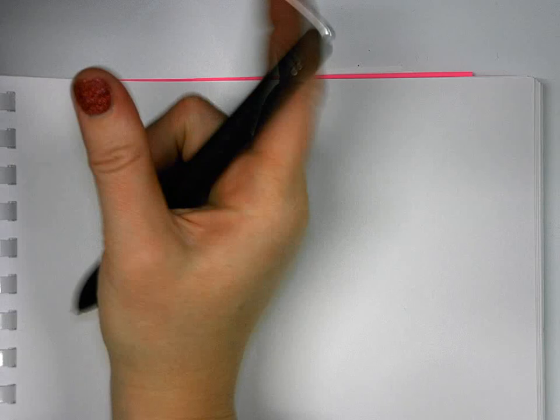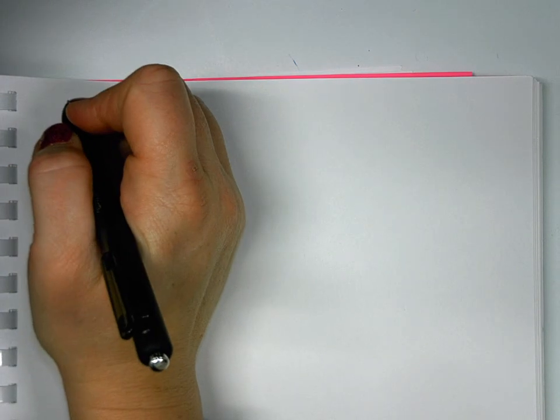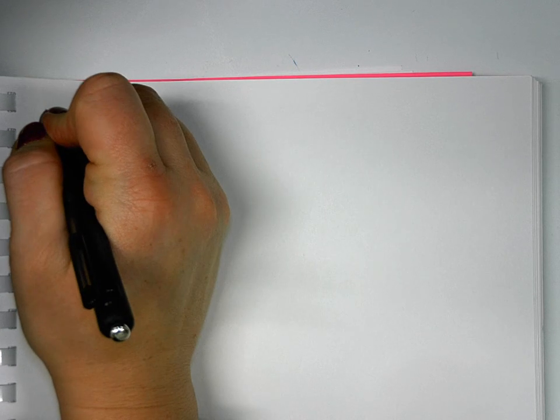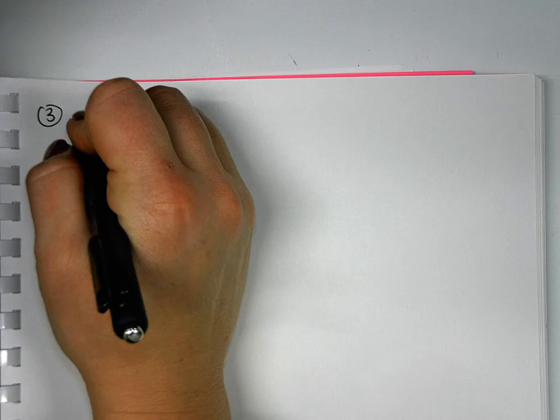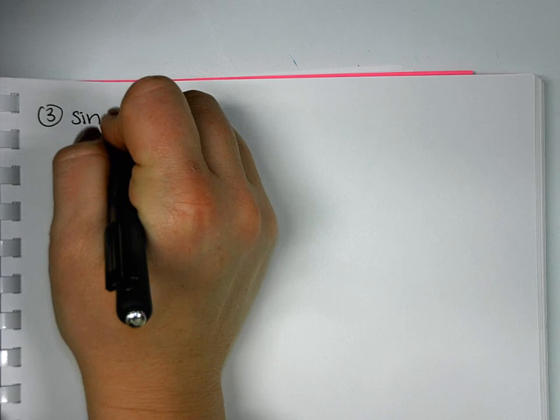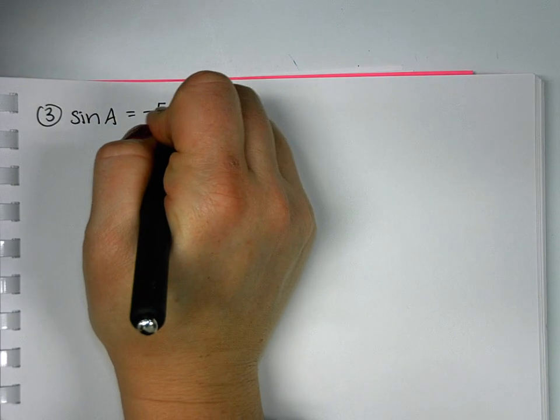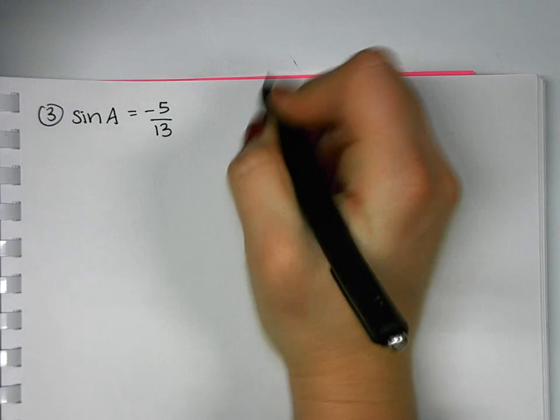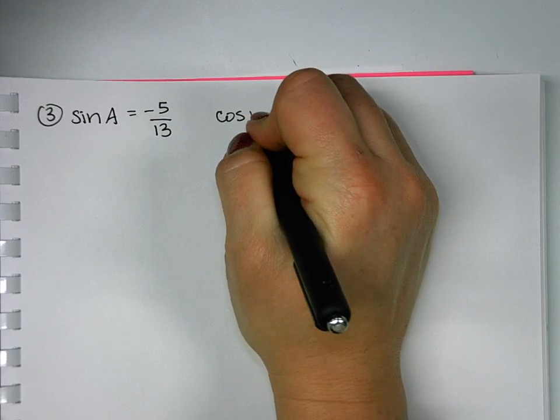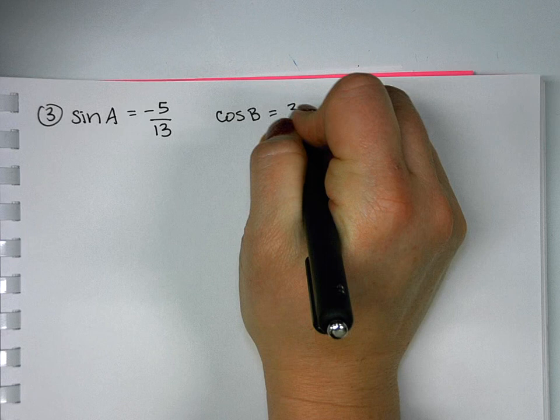So this next one, we are going to be answering some questions in regards to sine of a plus b. But the difference here is how we're given the information. So sometimes we're going to be given information like this.